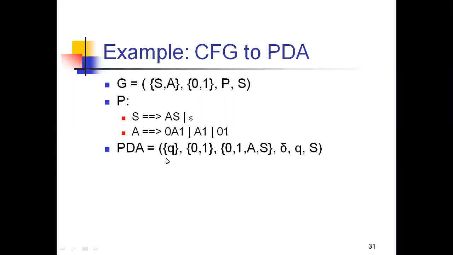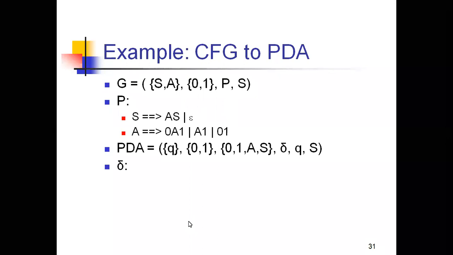So I am defining the 7 tuple from this. 0 and 1 are the terminals, and 0, 1, S, A. Combining V and T, we define the stack alphabet. Transition delta is the most important thing here, and q is the initial state, and the stack start symbol is S. It is a starting symbol. So my productions are S tends to AS or epsilon, A tends to 0A1 or A1 or 01.